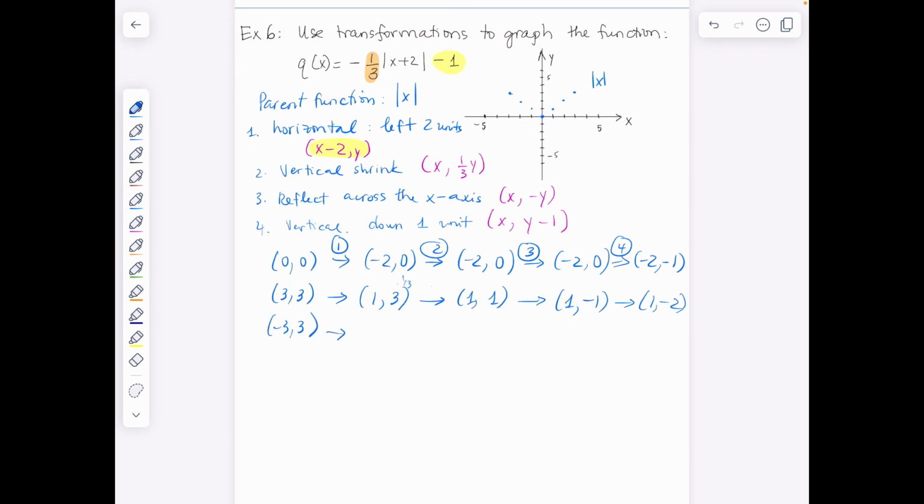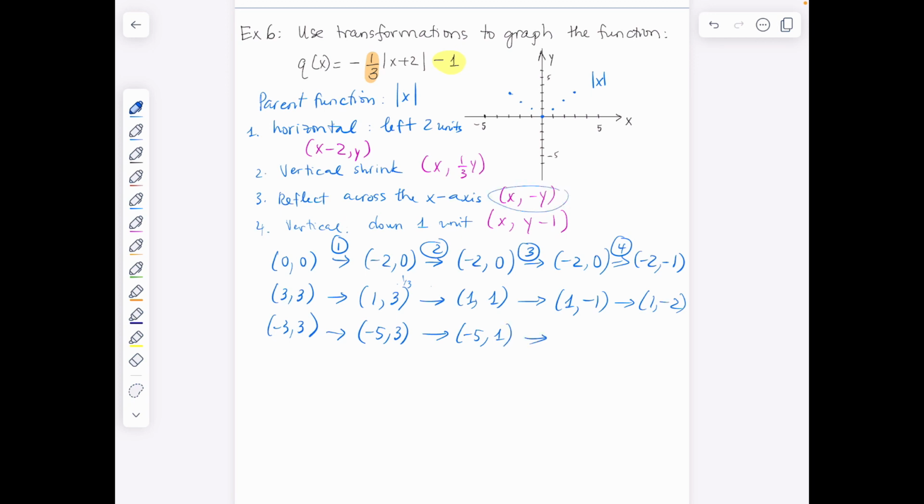Let's do the last one here. So first, subtract 2 from x, keep y the same. Negative 3 minus 2 is negative 5. Keep y as 3. Second transformation, multiply the y coordinate by 1/3, keep x the same. 3 times 1/3 is 1.